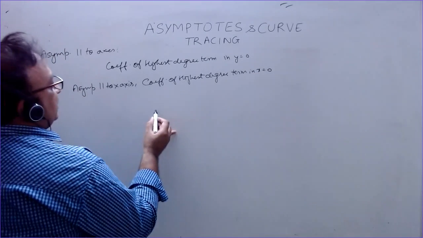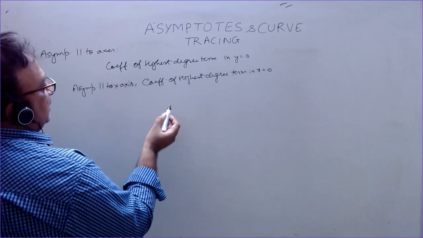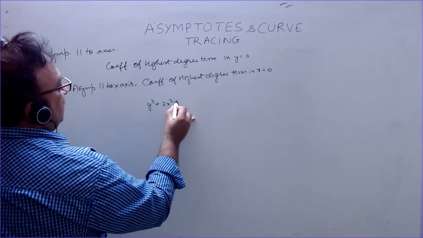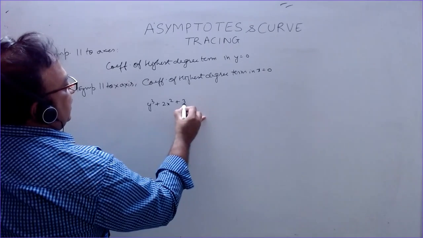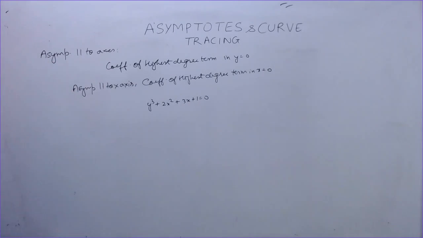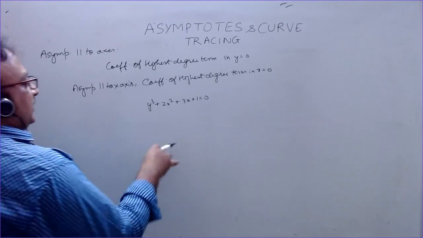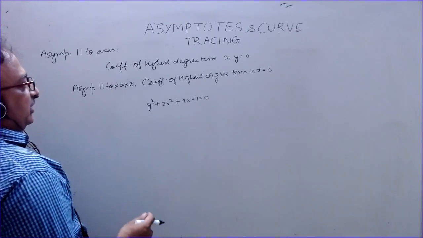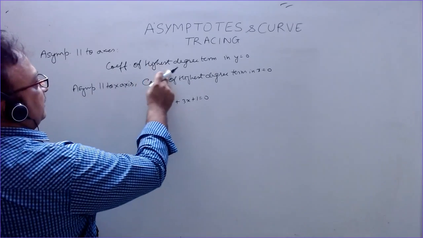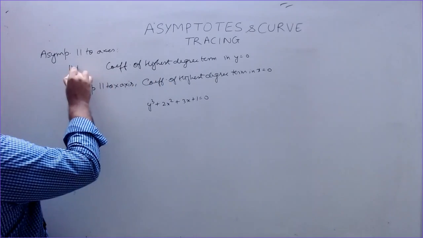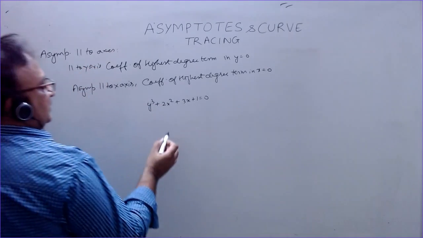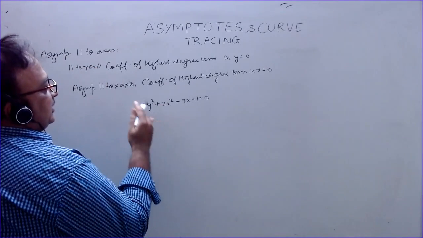If the coefficient is constant, suppose the highest degree term like y cube plus 2x square plus 3x plus 1 equal to 0. This is the equation of the curve. So what is the highest degree term in y? If I want to find the asymptote parallel to the y-axis, what is the highest power of y?